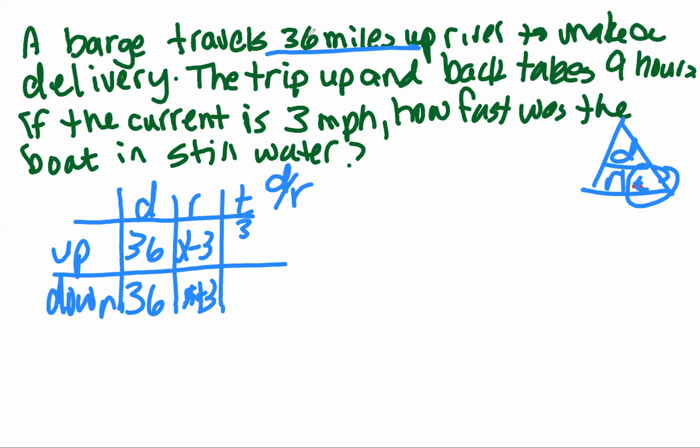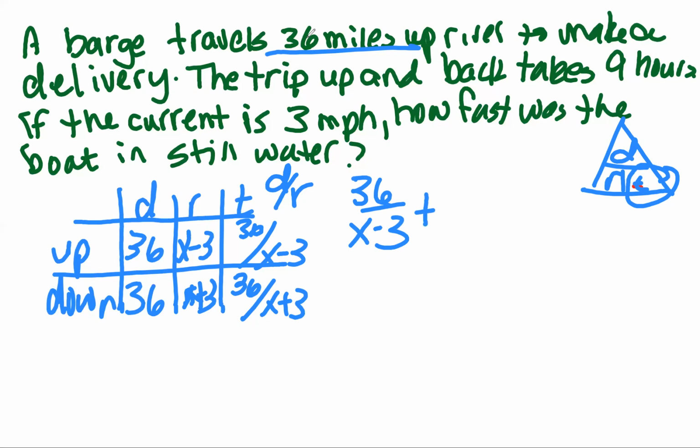So 36 over x minus 3 and 36 over x plus 3. So I can take the trip upstream, 36 over x minus 3, plus the trip downstream, 36 over x plus 3, is equal to the total time that it takes me to make the trip.